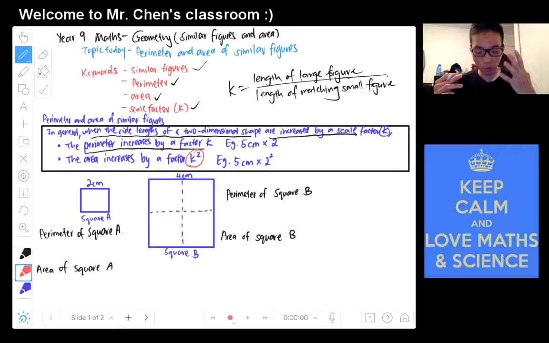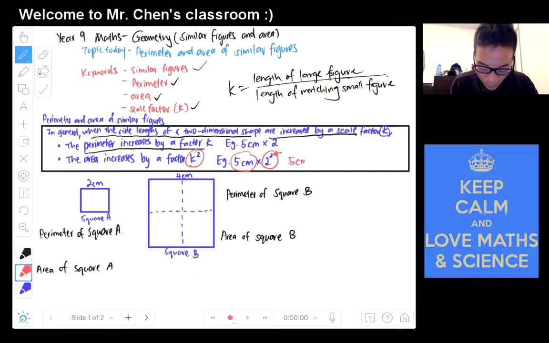Then multiply by the area of the original one, and you will get the area for the larger figure without even calculating it. So it shows here, if it is twice as big, you need to square the scale factor, so it will be 4. Okay, so it will be something like that.